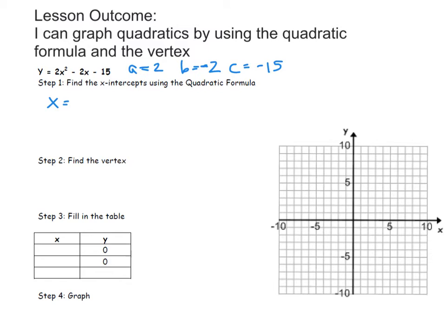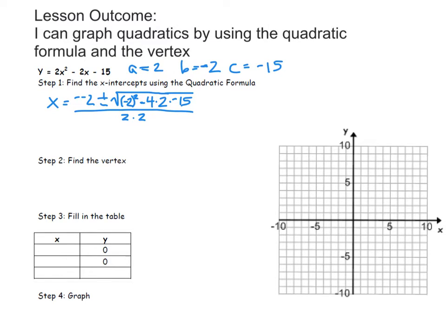X equals negative B, and B is negative 2, so remember that's negative negative 2, which you can turn right into a positive 2 if you'd like, plus or minus the square root of B squared minus 4 times A times C. Again, that's a minus right there. All divided by 2 times the A value.